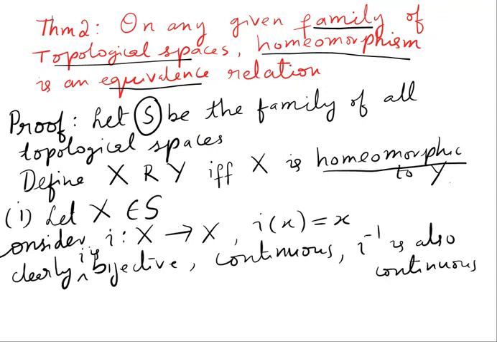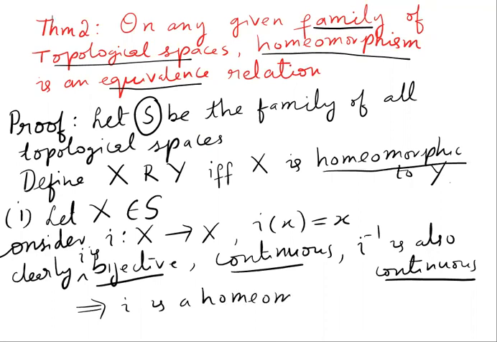And what is a homeomorphism? I is bijective, continuous, and the inverse is also continuous. So all the three things are happening. Therefore I is a homeomorphism. That means X is homeomorphic to X itself.